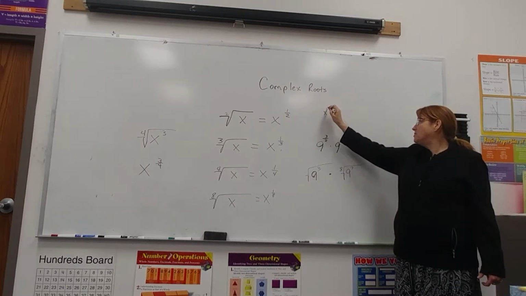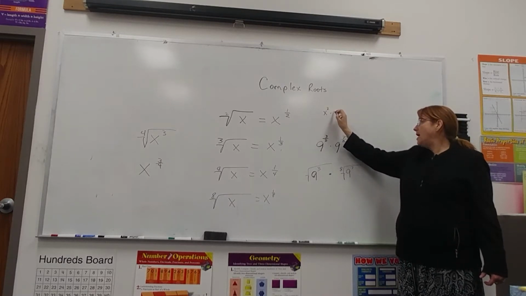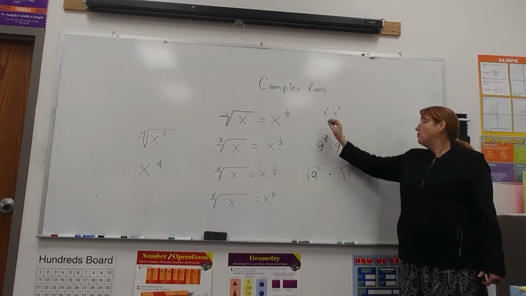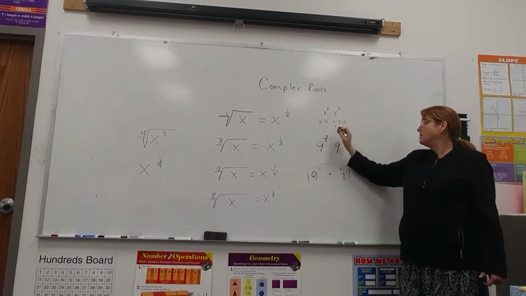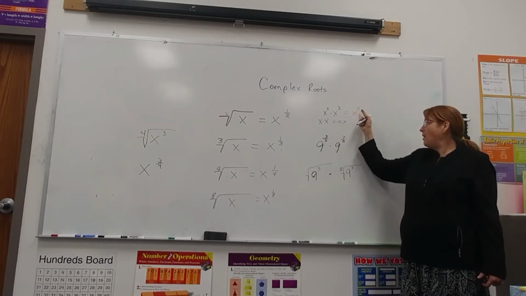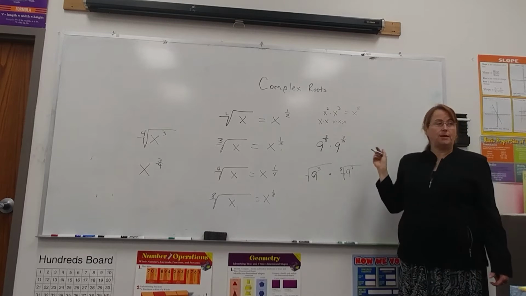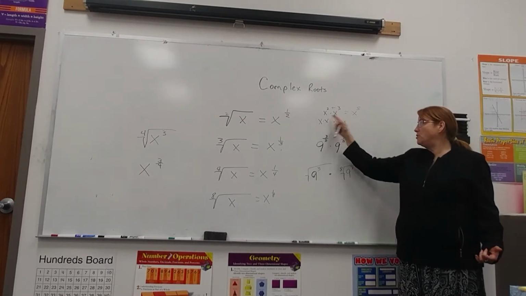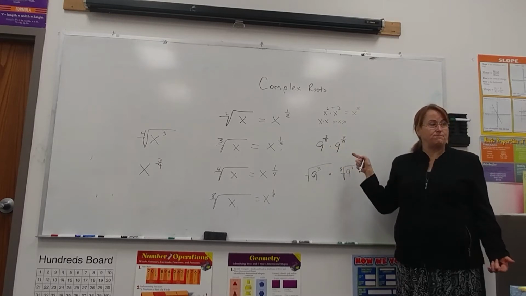If I have x to the squared times x to the 3rd, what does that mean? Well, it means I have x times x, and it means I have x times x times x, which means I have x to the 5th power. That's what that means. How do I get 5 with 2 and 3? I add it. Oh, that's right. I add my exponents when my bases are the same.